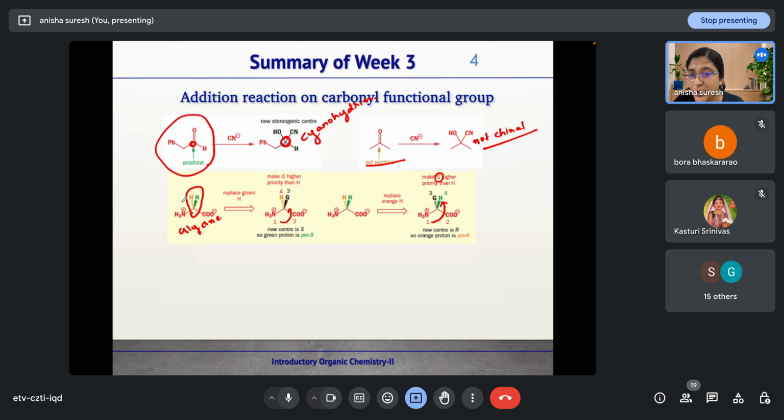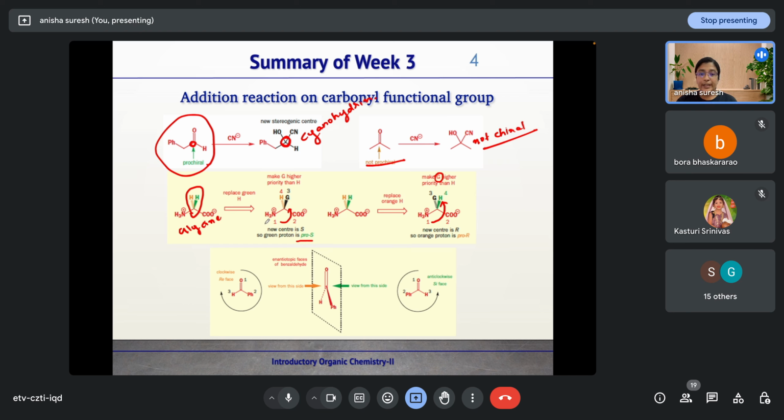So these are enantiotopic protons, and depending upon whatever the chirality of the new center, according to that we can name these hydrogens as pro S or pro R. Now we can see in the case of carbonyl compounds there are two faces.